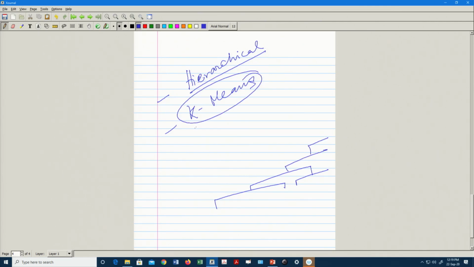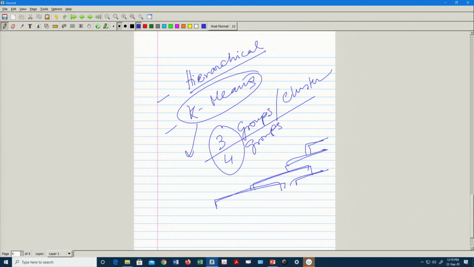K-means clustering basically says you tell it that I want 3 groups or 4 groups, I want this many clusters. So, in hierarchical they converge to one cluster, and here I only define how many clusters I want.